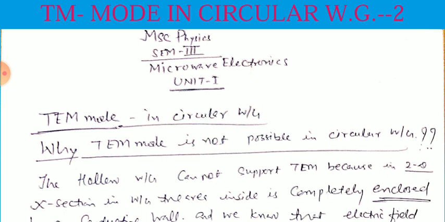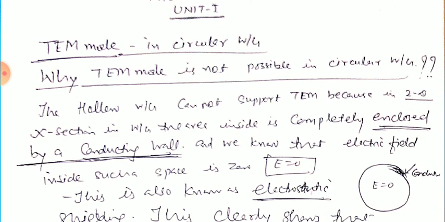So the answer is that the hollow waveguide cannot support TEM mode because in the 2D cross section of the waveguide, the area inside is completely enclosed by a conducting wall. Because inside the conductor we know very well that the electric field is 0 by using the Gauss electrostatics law.